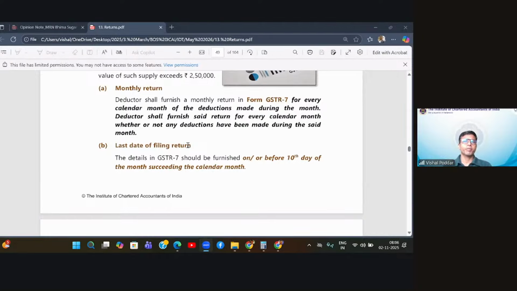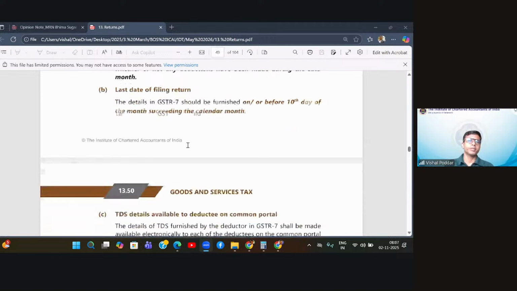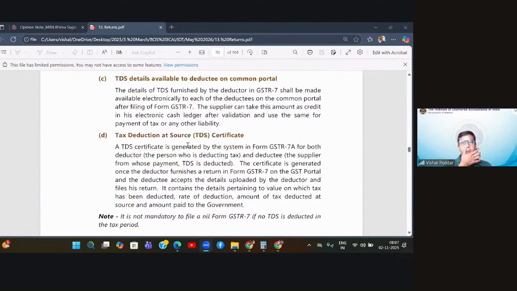By when it has to be filed? So it has to be filed after the end of that month by 10th of next month. So once October ends, the TDS returns for October deductions have to be filed by government agencies by 10th of November and so on.